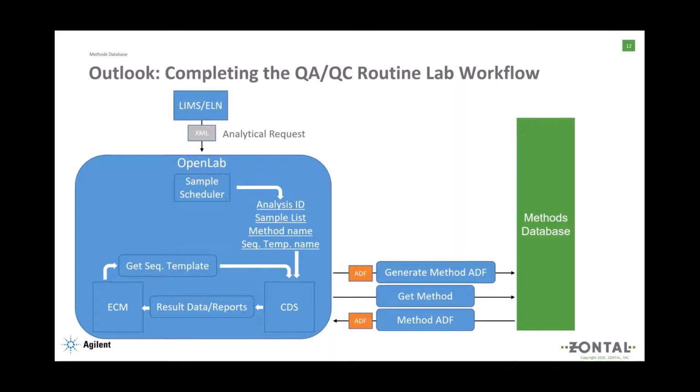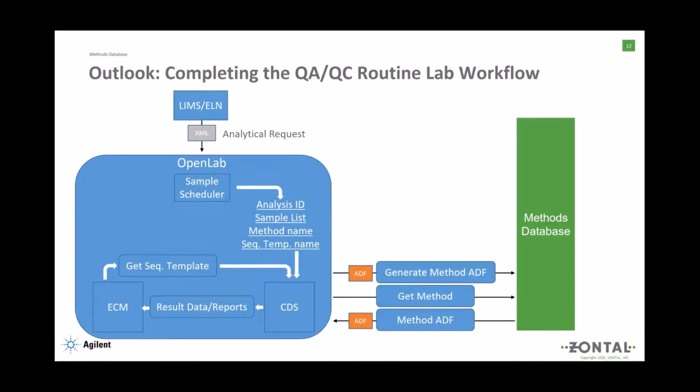And LIMS is typically sending out an analytical request to, let's say, a software solution. Typically this is today an XML file. And this file contains a set of information. We typically have here numbers and strings with this information.